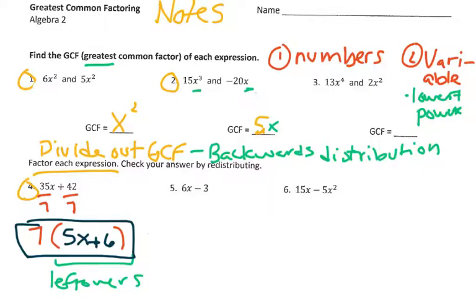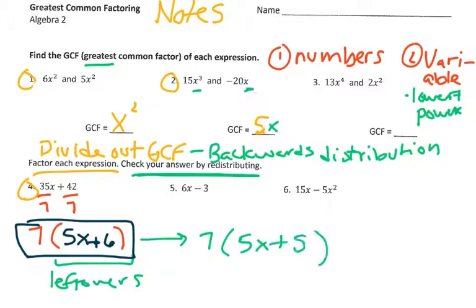One more thing that I have here is checking your answer by redistributing. Just a side note here, if we had started like our previous assignment with 7 times 5x plus 6, we would have taken the 7 and multiplied by 5x to get 35x, and the 7 times 6 to get 42.